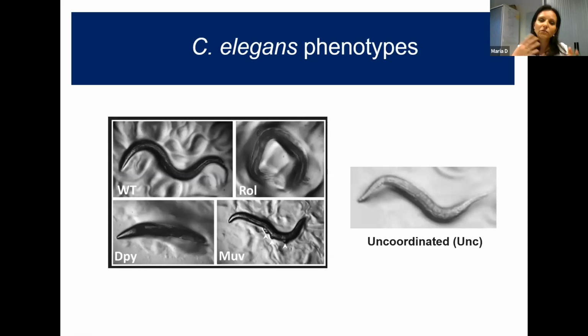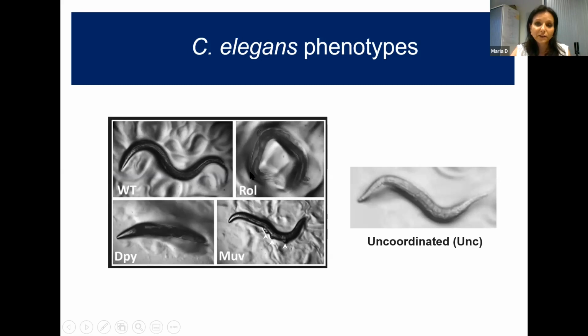So I've already told you a couple of things about C. elegans which I thought were important so that you can understand what we work on. But now, as I said, Brenner initially identified lots of mutations, more than 600, and these mutations were causing specific phenotypes. A phenotype is basically how something looks. On the left-hand side here, you can see the characteristic sinusoidal movement of the worm, and this is what we call wild type, or a healthy worm.